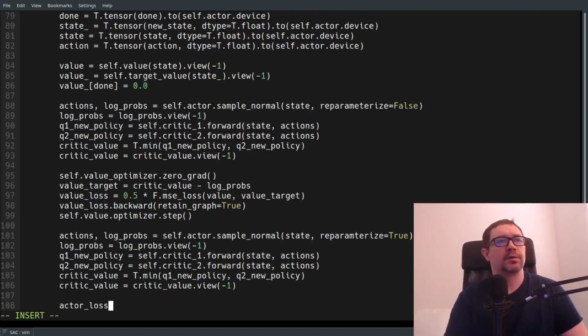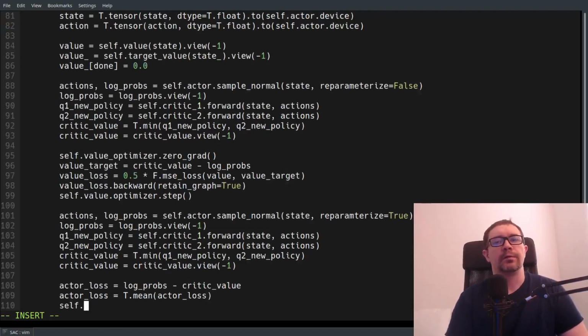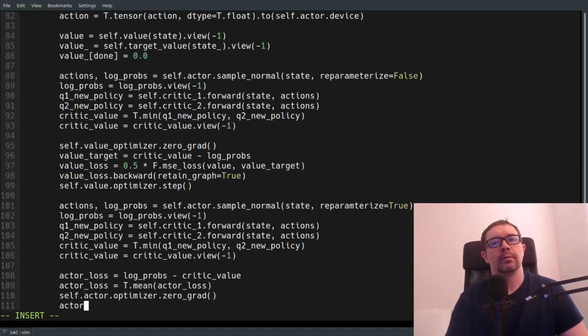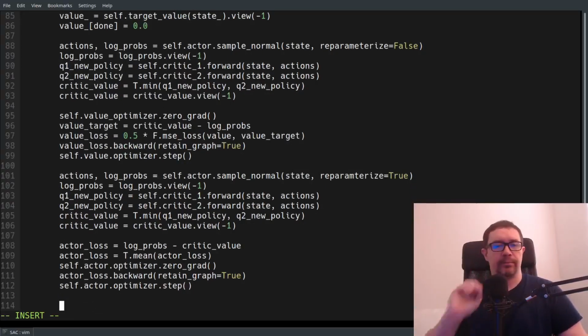So then we say actor loss log probs minus critic value, and then we say actor loss t.mean, and then we want to zero out our optimizer, backpropagate, again with retain graph equals true, and step our optimizer.